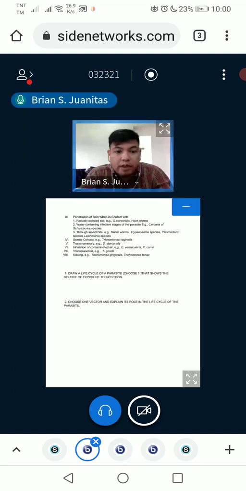You are going to make a poster slogan that shows ways to avoid parasitic infection. Just choose one parasite and one route of transmission. For example, water or avoid water.